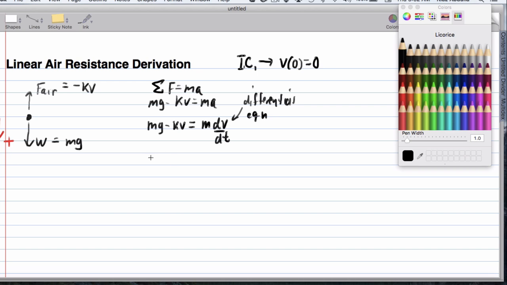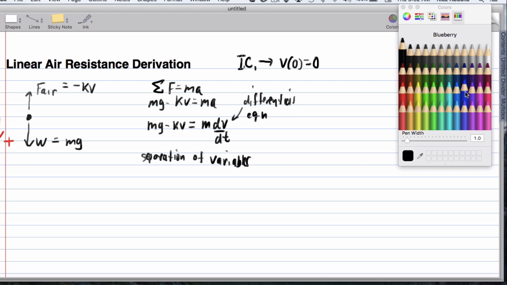Now I'm going to use the method of separation of variables. What that means, as I said yesterday, is that we're going to put all the dt and t stuff on one side and all the v and kv stuff on another.